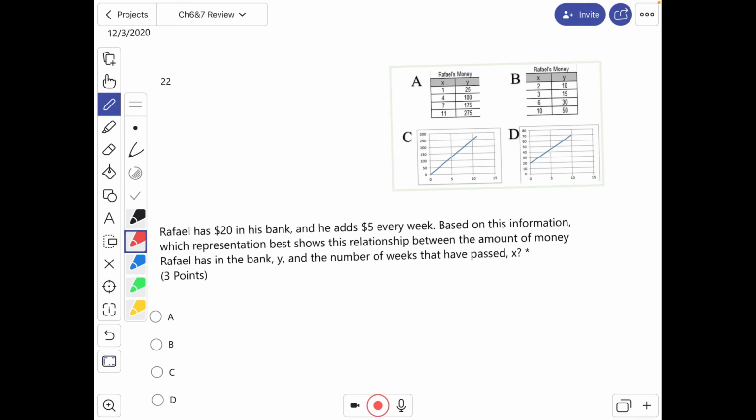Now for the pre-AP portion of the test. Number 22, Raphael has $20 in his bank, and he adds $5 every week. Based on this information, which representation best shows this relationship between the amount of money Raphael has in the bank, y, and the number of weeks that has passed, x? Always start with the equation.